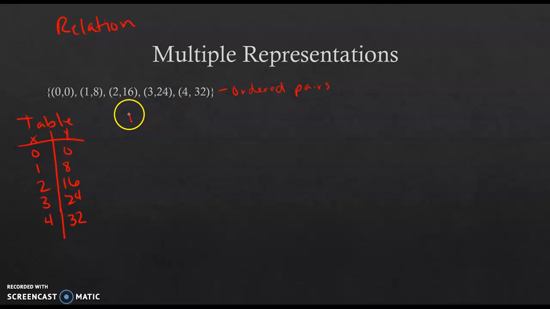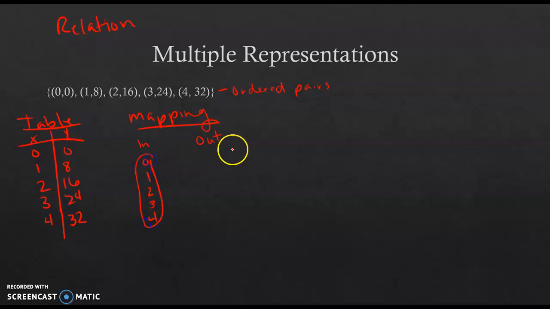We can do a mapping. And so a mapping would have our input, which are our x values. So input and output, and our input is our domain, so 0, 1, 2, 3, 4, those are the x values that we had, and our output are our y values, which are 0, 8, 16, 24, 32.